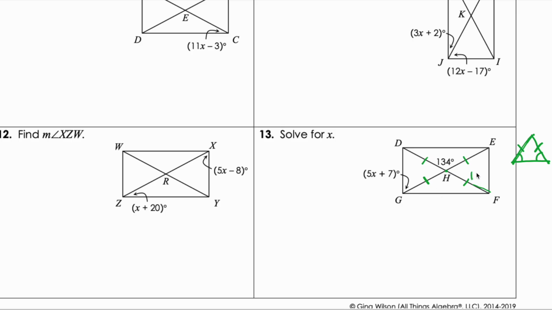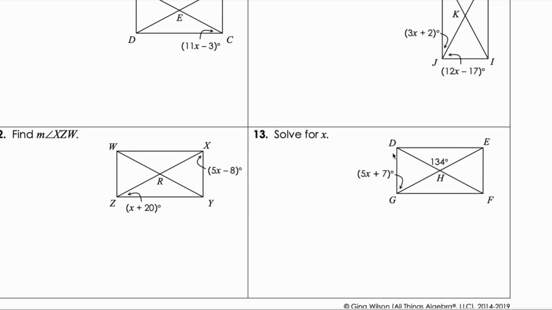So if they say that this is 10, then this is also 10, this is also 10, and this is also 10. And that matters because when you're trying to find the measure of an angle, you need to remember that the base angles of your isosceles triangle are congruent. So if this is 5x plus 7, this is also 5x plus 7.